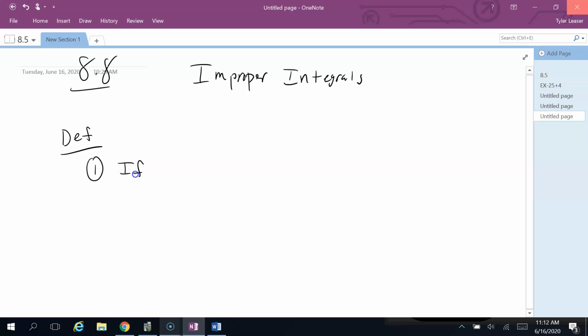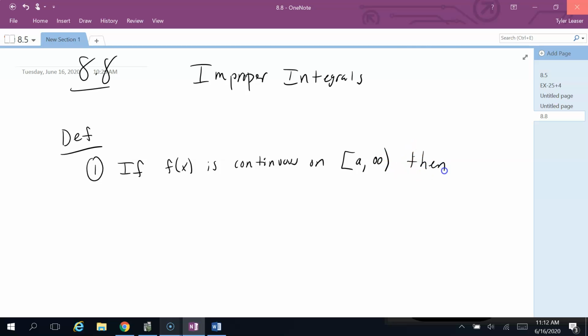If f of x is continuous on some interval starting at a and going to infinity, then we can integrate from a to infinity over f of x dx.